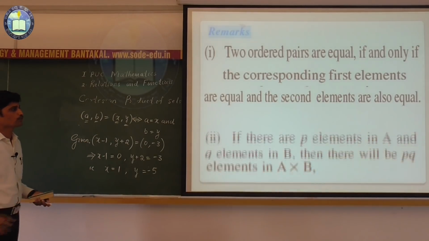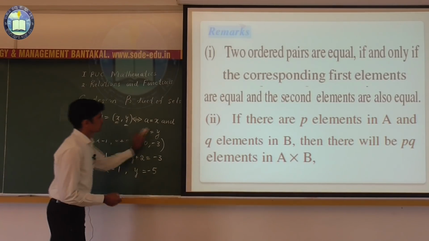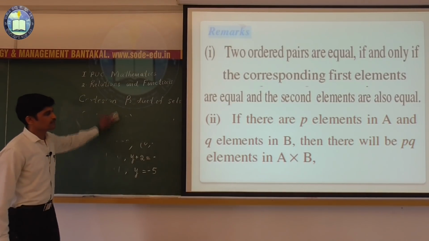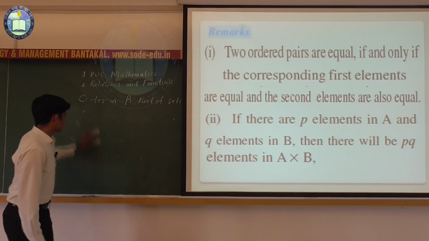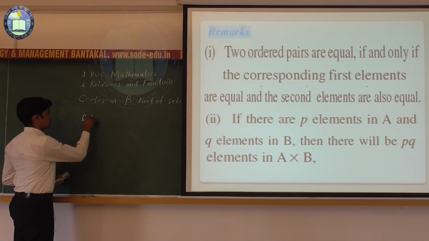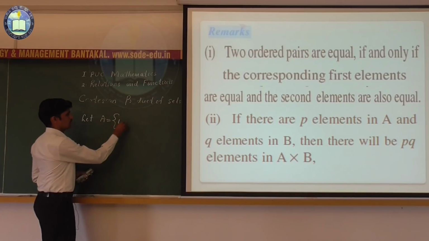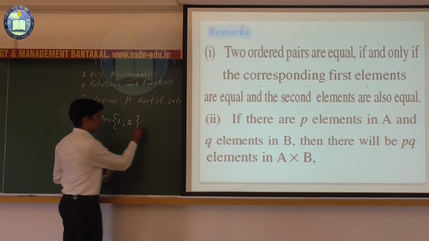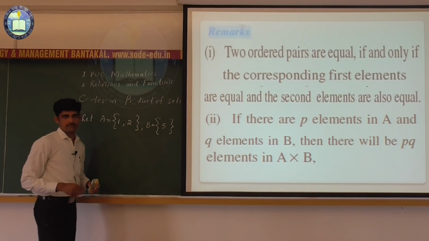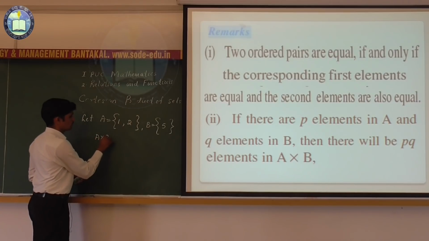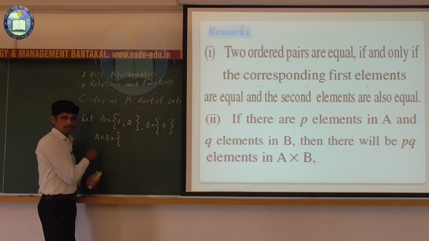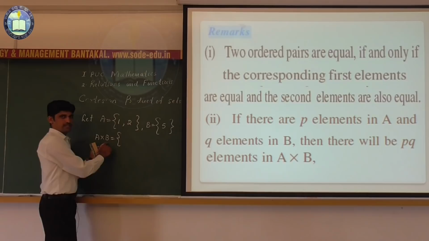Then remark number 2. If there are p elements in A and q elements in B, then there will be p into q elements in A cross B. We can see the example. Suppose the elements of set A are 1, 2. Elements of set B is say 5, only one element in set B. Then A cross B is equal to the collection of all ordered pairs where the first element must be taken from the first set and the second element must be taken from the second set.